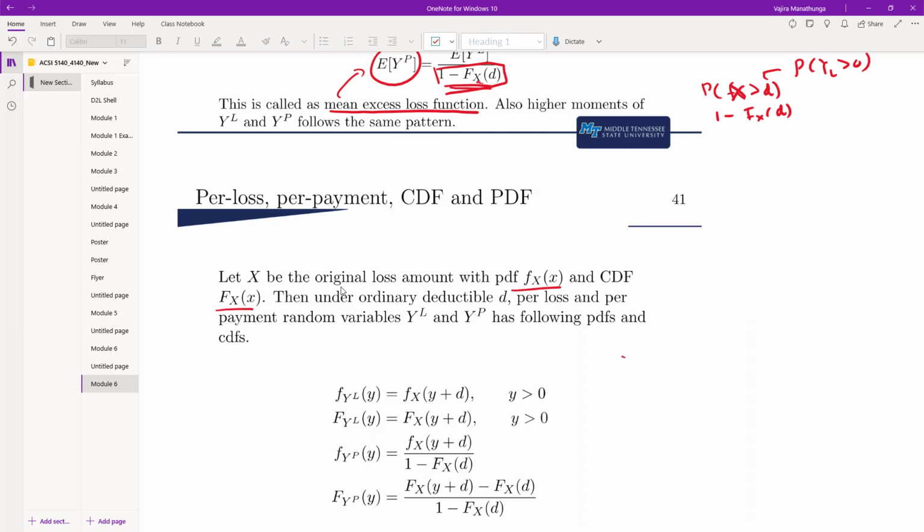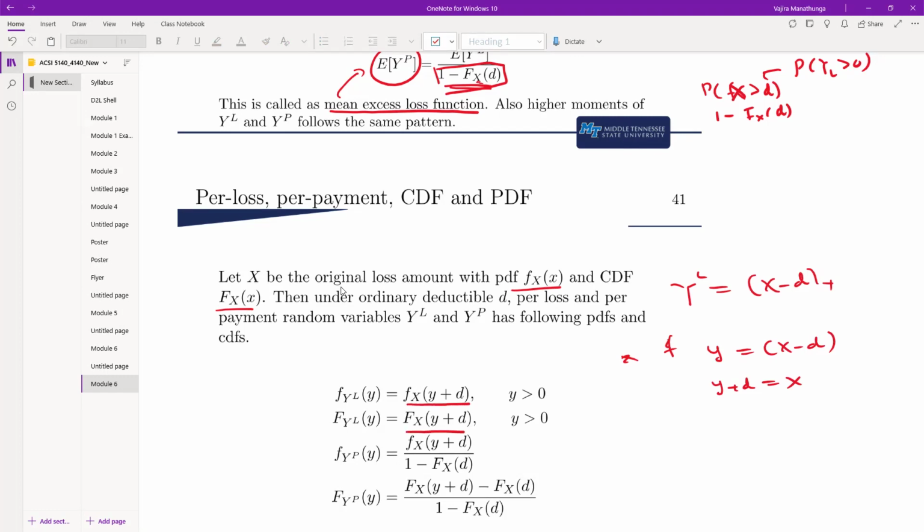YL is defined as x minus d plus. So basically that means YL plus d equals x. So y equals x minus d. That means y plus d equals x. So that's what you will see in here.